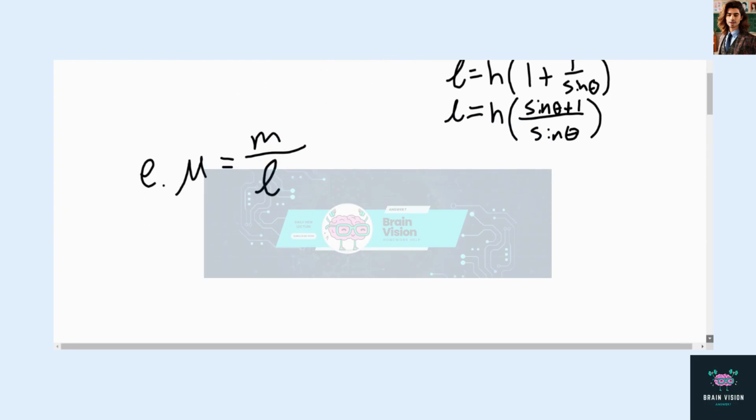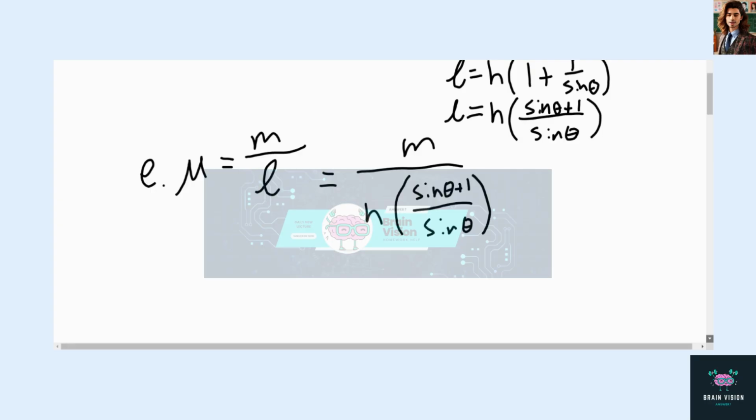So we'll substitute in for cursive L, h times sine theta plus 1 over sine theta. That gives us m divided by h times sine theta plus 1 over sine theta.